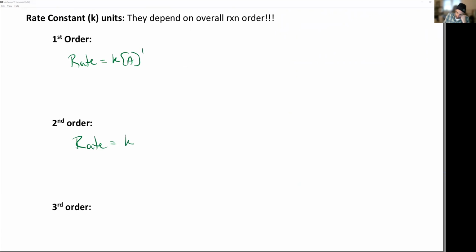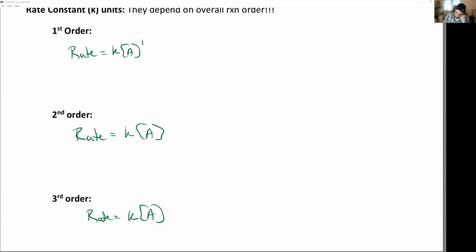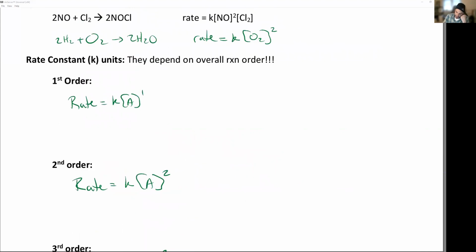You should probably pause this; I'm just going to do the skeleton of them. k times the concentration of A raised to the second, B raised to the first, because overall that would be third order. You could certainly say rate is equal to k times the concentration of A cubed. That's fine too.